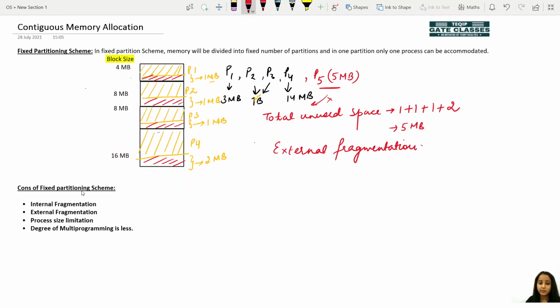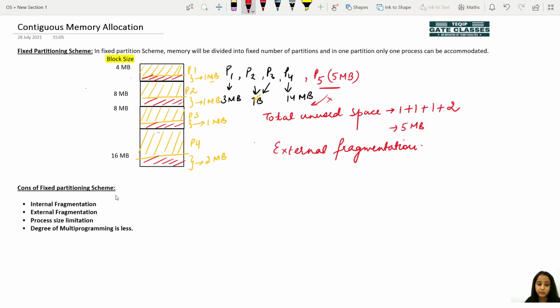So there are some cons of the fixed partitioning scheme. First is internal fragmentation. Second is external fragmentation, then process size limitation, then the degree of multi-programming is less. So what is internal fragmentation?